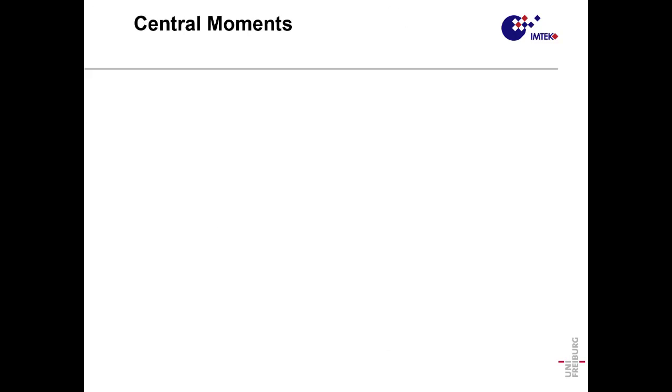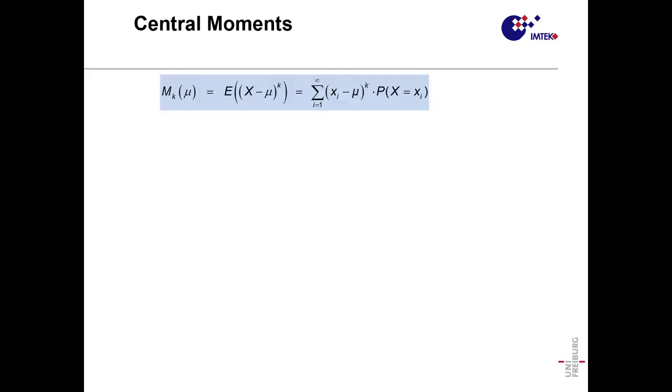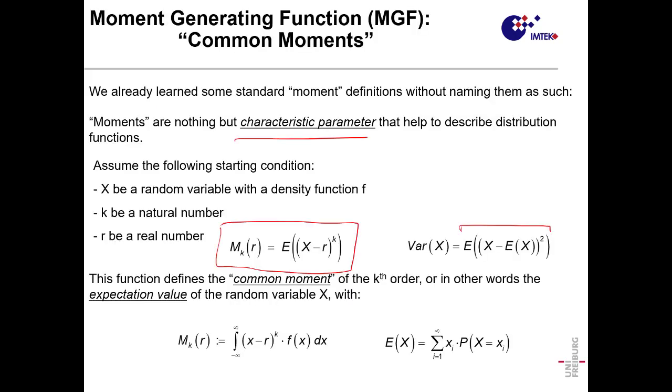So let's say that we define r here as mu, the expected value of the variable x, or the mean as we call it, right? And let's keep k as just an integer that can go from 0 to 2 to 3 to 4 to any value, okay?